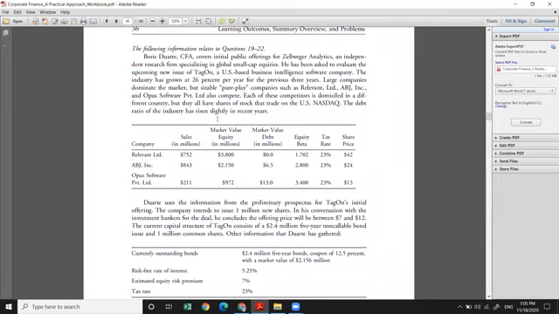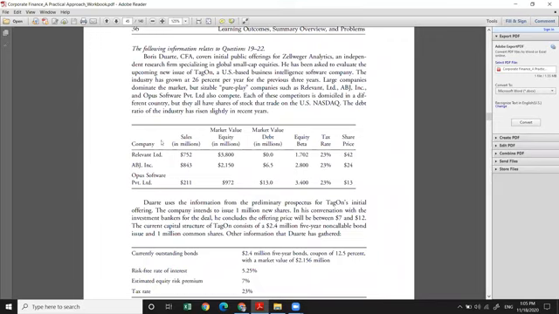We are given the information here: Boris Doorte is a CFA who covers initial public offerings for Zellweger Analytics, an independent research firm specializing in global small cap equities. He is also asked to evaluate upcoming new issues, based on a US business intelligence software company.